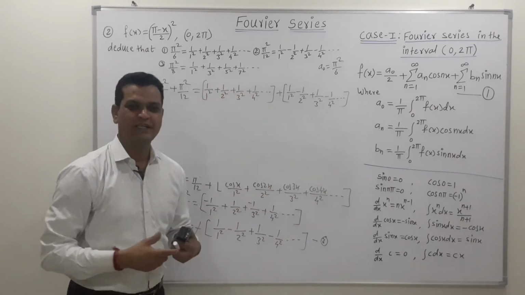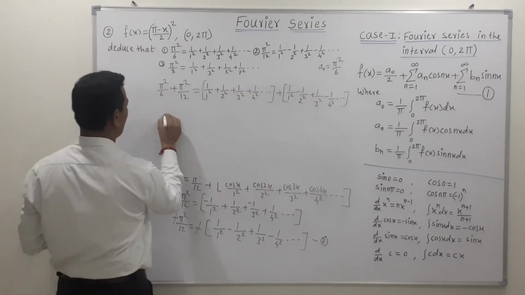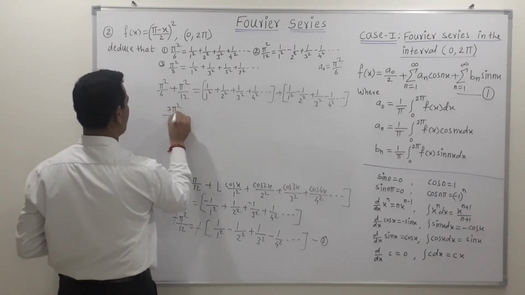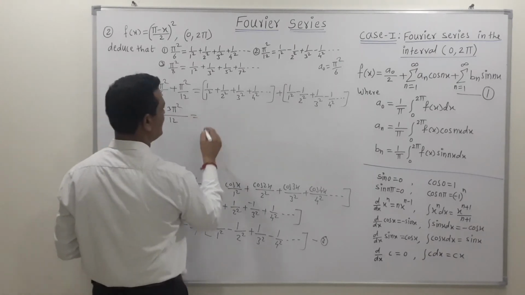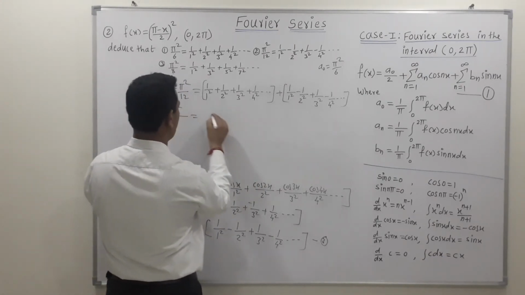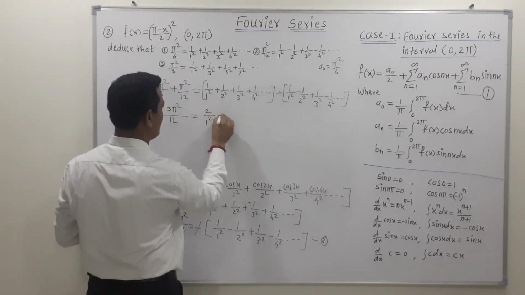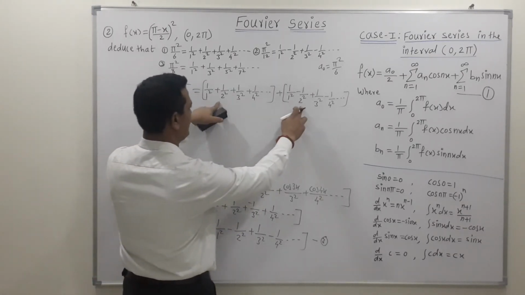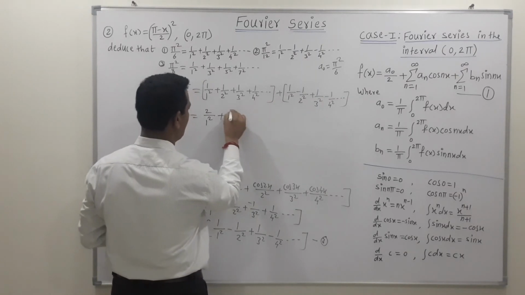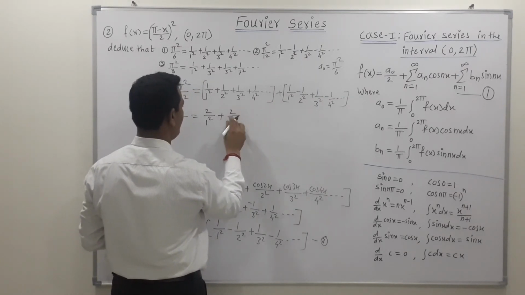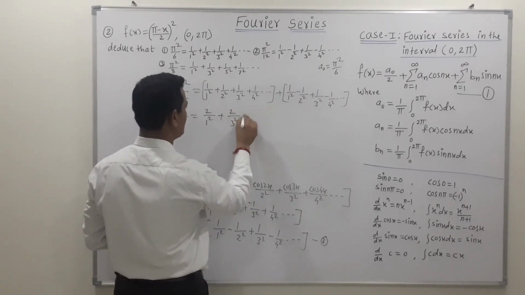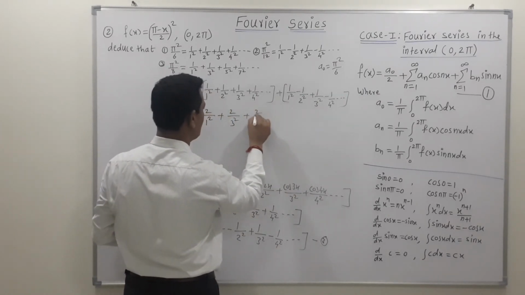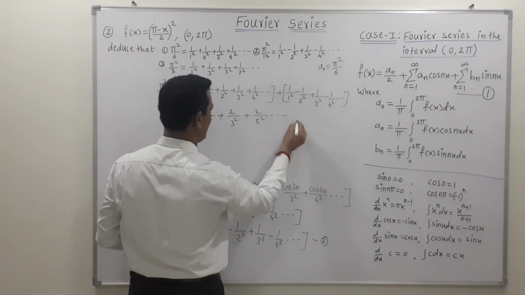Now, friends, just take the addition of these two. We can write this as 3 pi square by 12 is equal to, now this term is twice, so 2 upon 1 square, plus this minus and plus will get cancelled, so this term will get cancelled, then this term is twice, so we get 2 upon 3 square, plus the next term will get cancelled, minus plus, so the next term is 2 upon 5 square and so on.